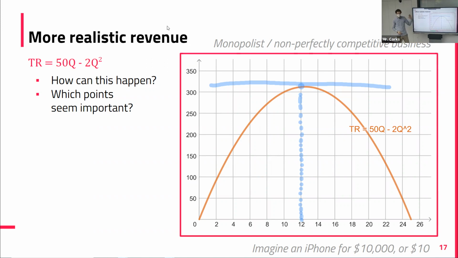This is not time. This is if Q, so if we make a small number of things, our revenue is this much. If we make more things, our total revenue goes up. But if we sell even more things, our total revenue is going to go down somehow. How can that happen?